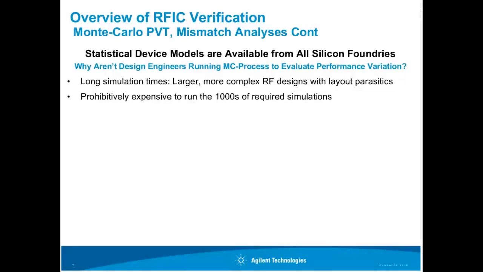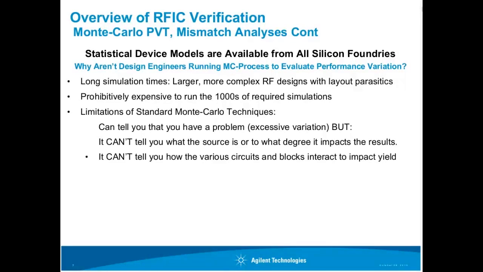So if you have to run 1,000 of them, it's prohibitively long in terms of verifying your performance variation before you can tape out. It's also very expensive to have all those 1,000 licenses sitting there to run the amount of simulation necessary to get statistical significance. And there are also limitations.